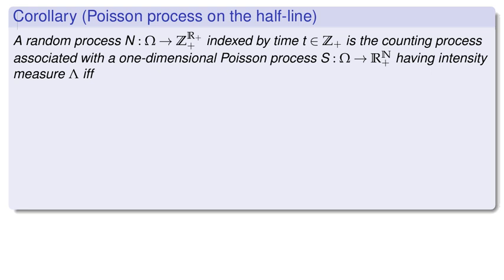Since the Ai are disjoint and N has CIP, P of N of A equals 0 is P of N of A1 equals 0, ..., N of Ak equals 0, which equals the product of P of N of Ai equals 0.